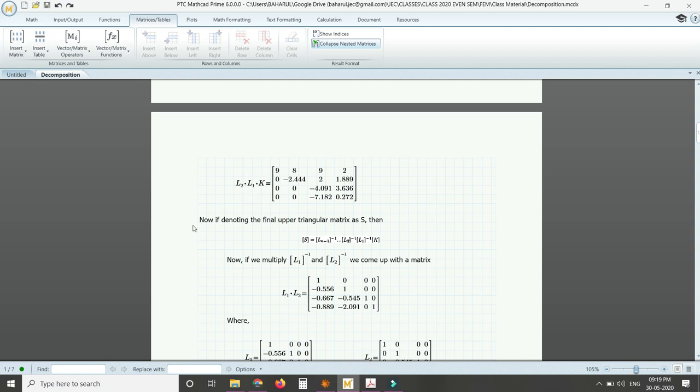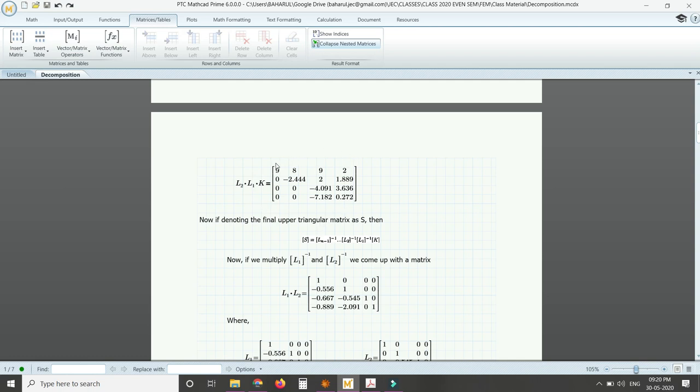Now suppose we denote this final upper triangular matrix as S, then we can represent this whole equation as the upper triangular matrix S equals L(n-1) inverse, up to L2 inverse, L1 inverse into K. That means what are we finally approaching, what is our goal?